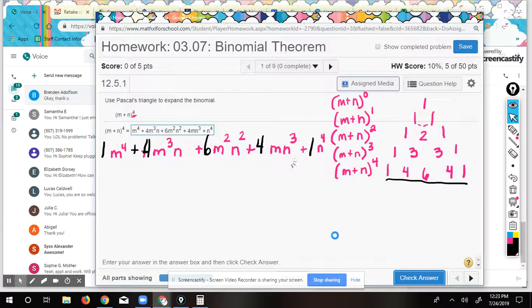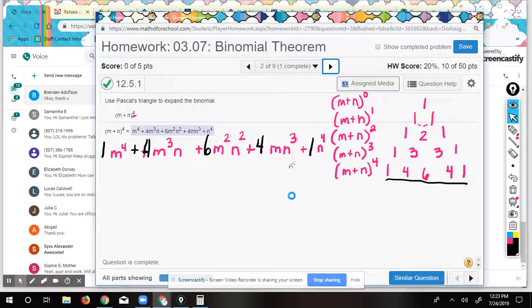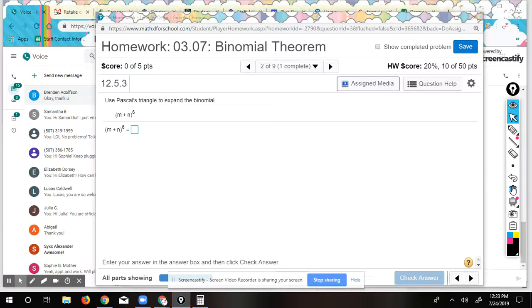Check answer, and we are correct. So that's what the binomial theorem is.